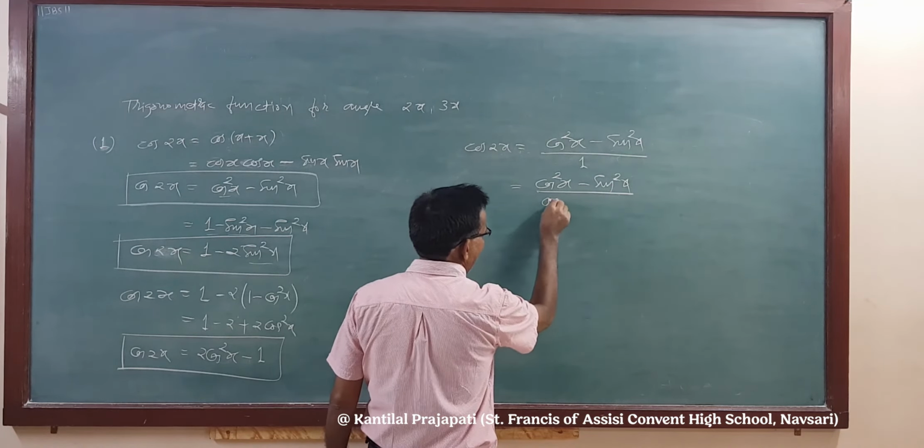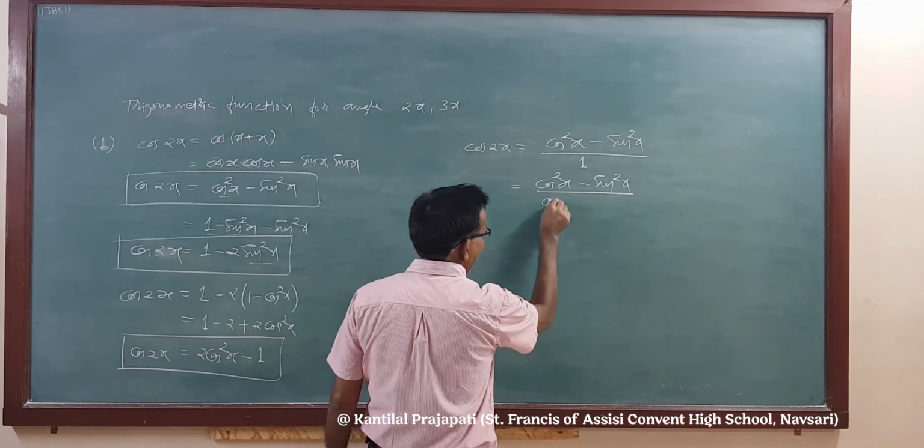So cos square x upon cos square x minus sin square x upon cos square x, whole divided by cos square x upon cos square x plus sin square x upon cos square x.